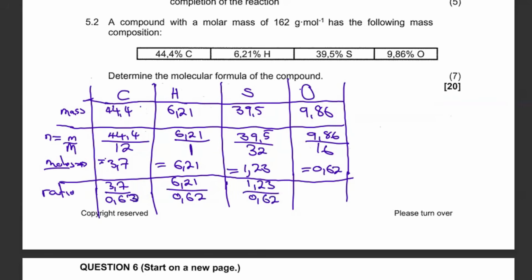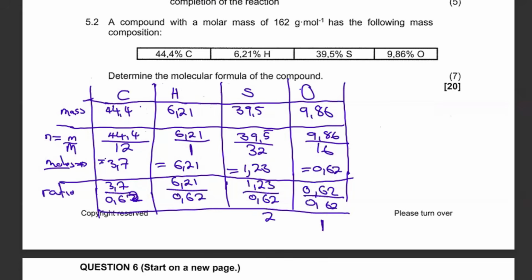If we divide all these, oxygen is going to be 1. Then 1.23 divided by 0.62 gives us 2.